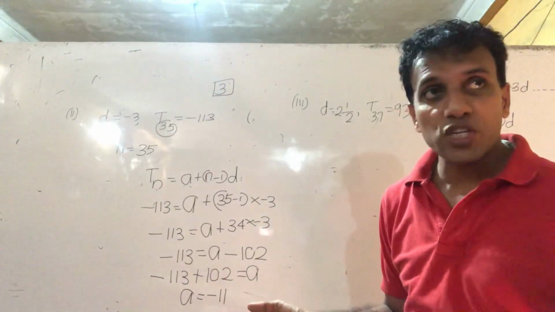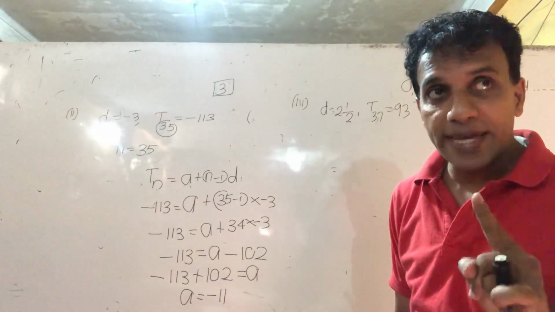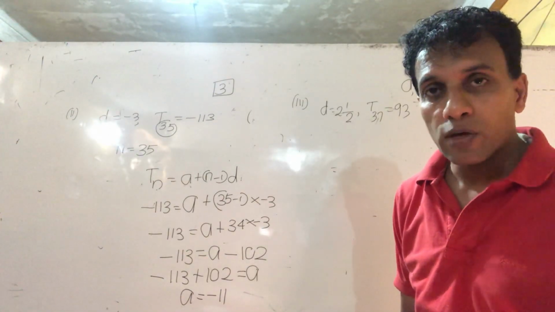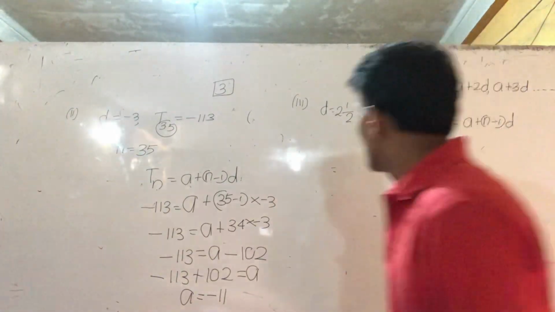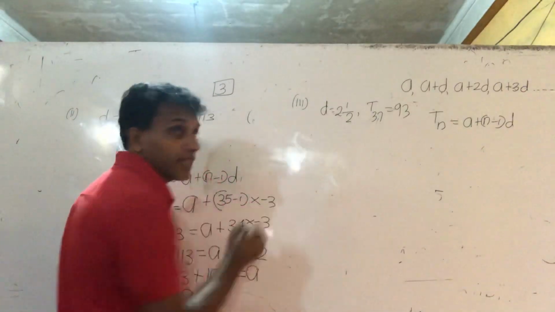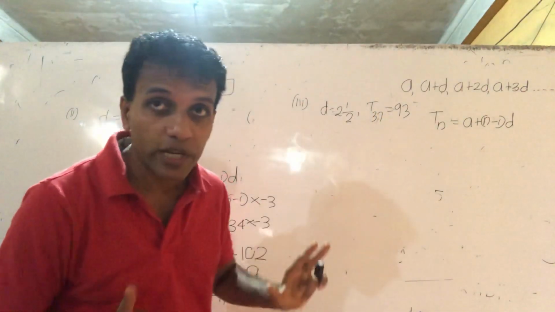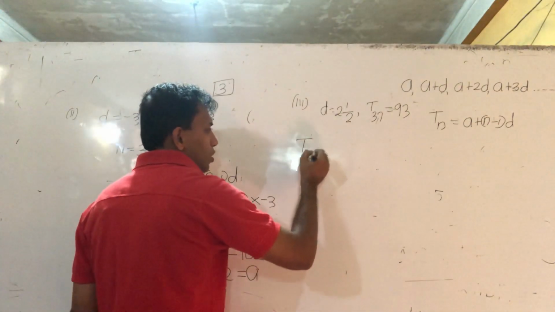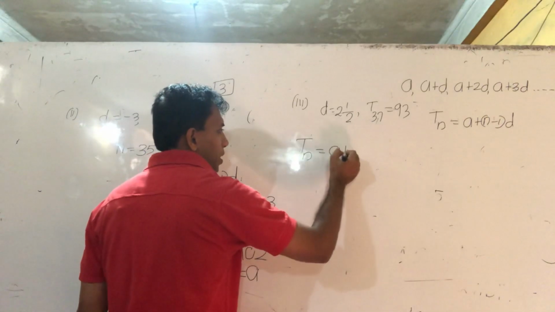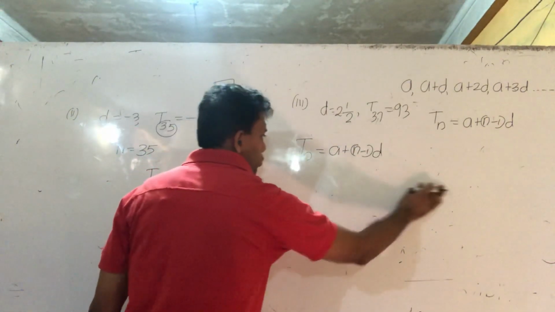In similar fashion, write the formula, substitute everything. a is the missing or unknown term, and you can find the value of a. That's the method, right? So here n is what? n is 37, right? So Tn equals a plus n minus 1 into d.